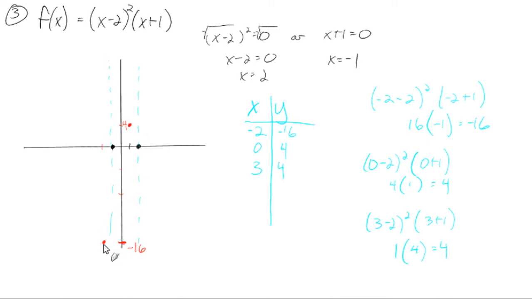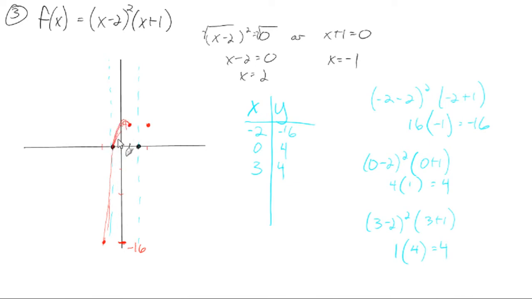Okay, so let's talk about this for a second. We know it comes from down here. We know it crosses this x-axis to get to this next point. And we have a 3, 4. So now we have so much more information than we did before. We know that it's got to come up through here, cross this x-axis, and maybe it could come higher than that point.